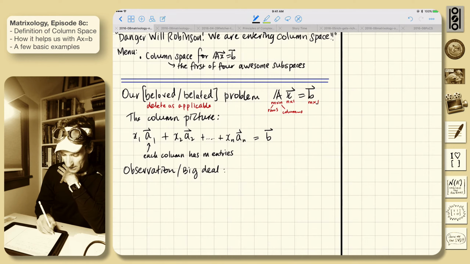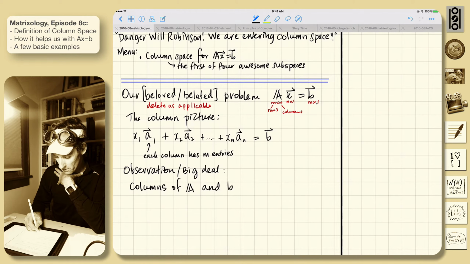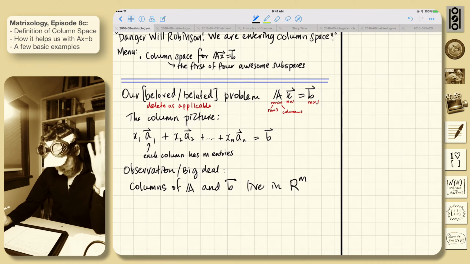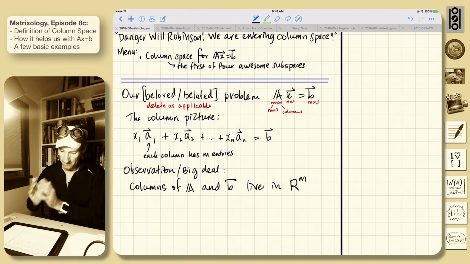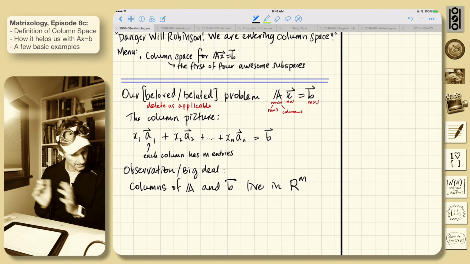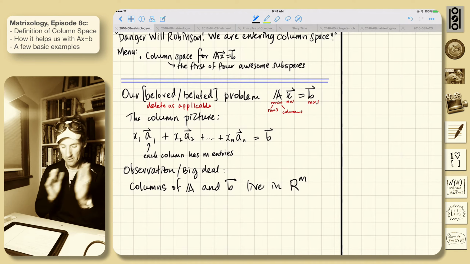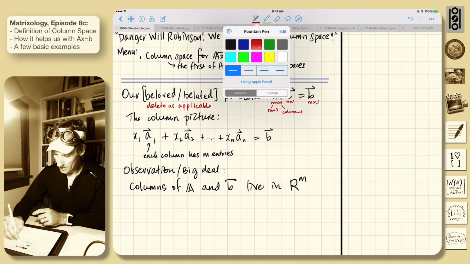Big deal is that the columns of A, the matrix, and b live in Rm, right? If it's 23 dimensions, this is a 23-dimensional space they live in. And we're trying to find a way to combine the x's, or combine the columns of A to make b, right? So this is confusing.